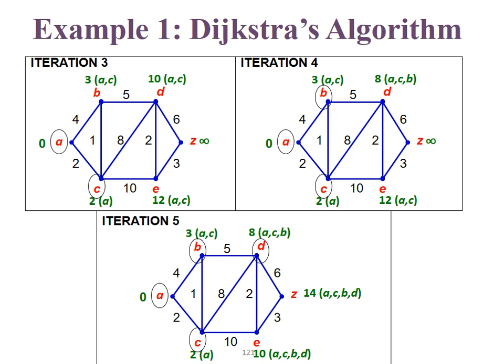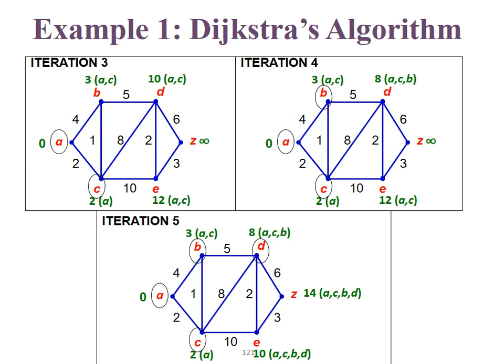Okay, so we know we have the shortest path to E. That will be the shortest path. So we update the previous 12 down to 10, and we report the path A, C, B, D. Okay, and we call this path to the vertex E, and update the length to 10.